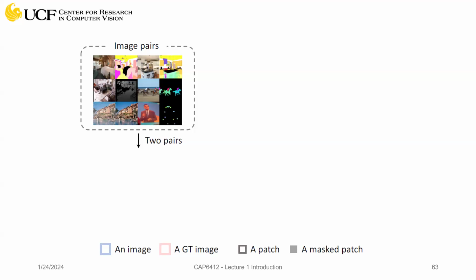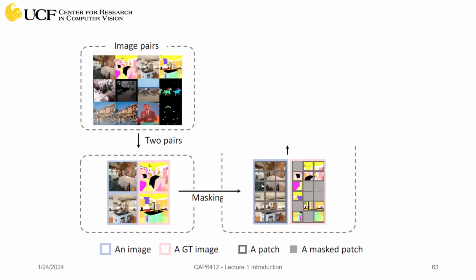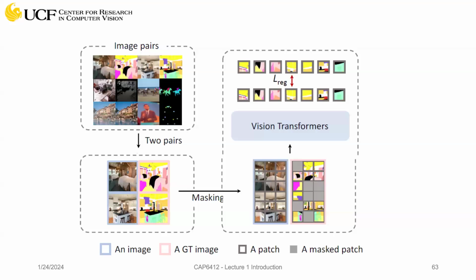They select two pairs like this and put them in one image: these two in one input image, and the other pair in another image. And they make patches. Now in the result image, they mask these patches. Then they have this vision transformer, which reconstructs those masks, so it applies a masked image auto-encoder, right?